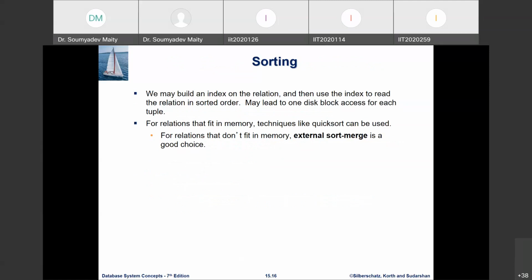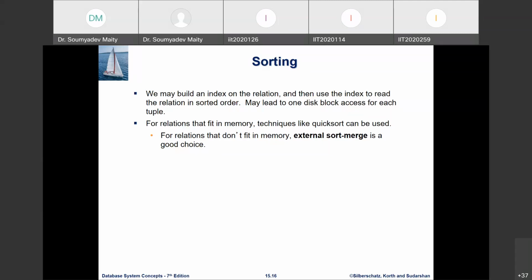Now the next topic that we'll discuss, the next operation, is sorting. Sometimes we need to sort the data. In some relational algebra expressions and relational queries you have seen, sorting is required. You need to display the result in a sorted order. So that is one need for sorting a relation.